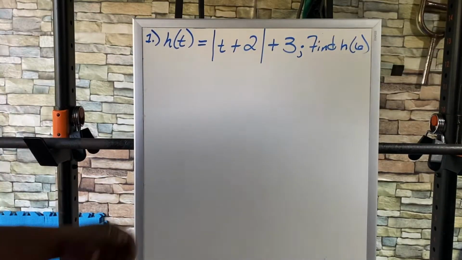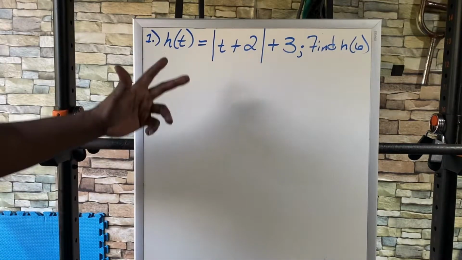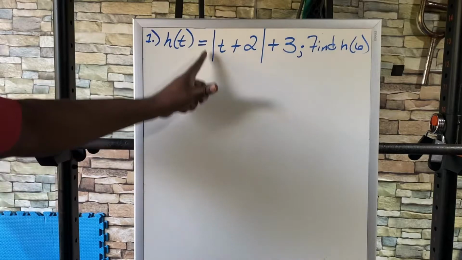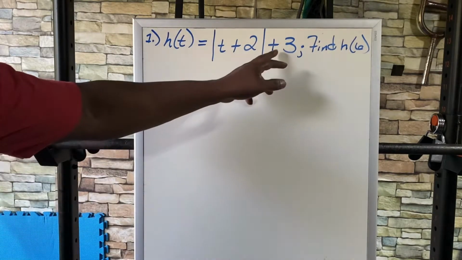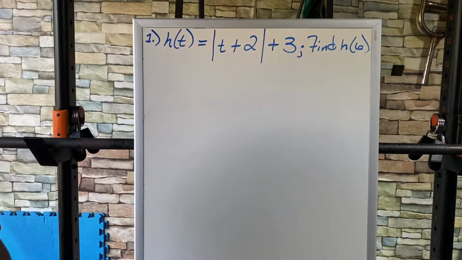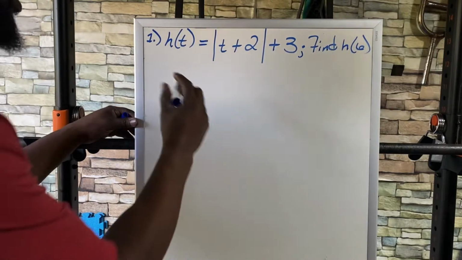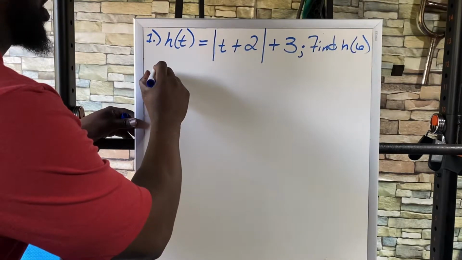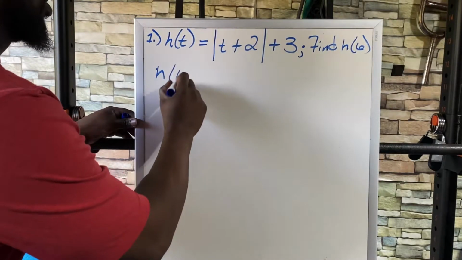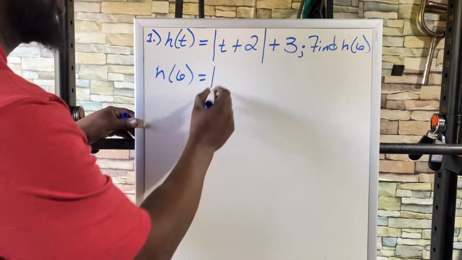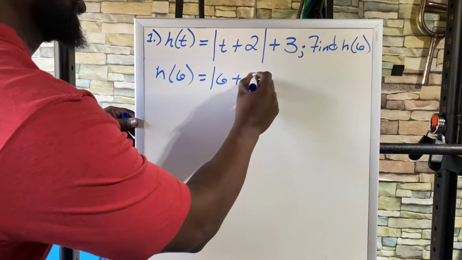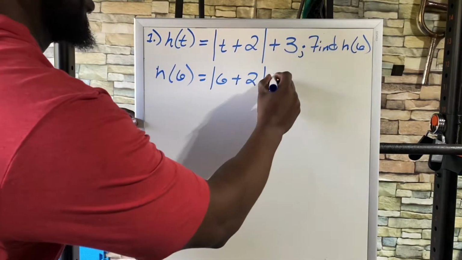Let's take a look at problem number 1. We have h of t equals the absolute value of t plus 2, plus 3, and it says find h of 6. We write the problem using the substitution method. So h of 6 equals the absolute value of 6 plus 2, plus 3.